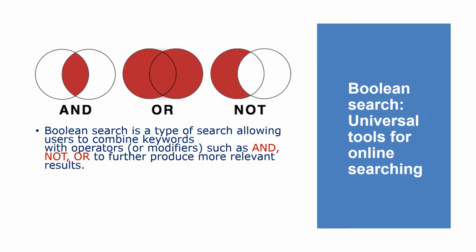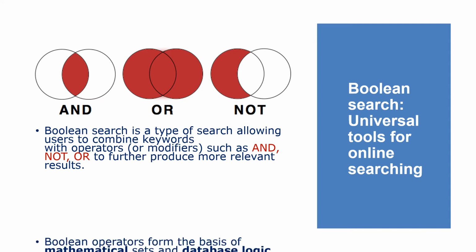Now moving to the Boolean search. What is the Boolean search? How can it be used for the literature review? Let us see. Boolean search is a type of search allowing users to combine keywords with operators or modifiers such as AND, NOT, or OR to further produce more relevant results.